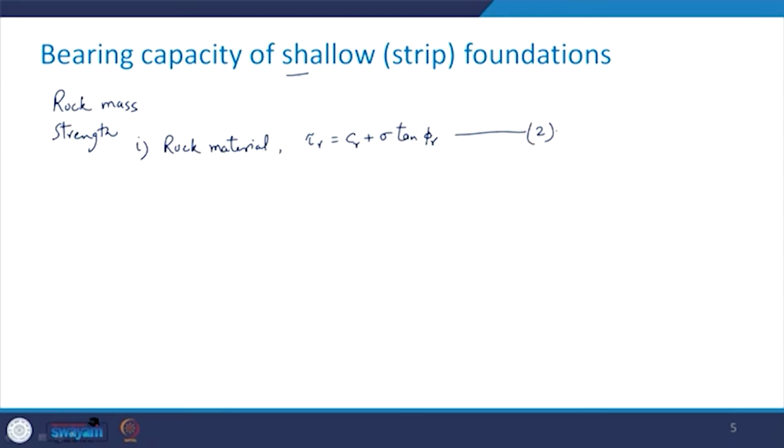Equation number 2, where what are this Cr and phi r? These are of the rock material. Then the second component of this rock mass is the discontinuity.